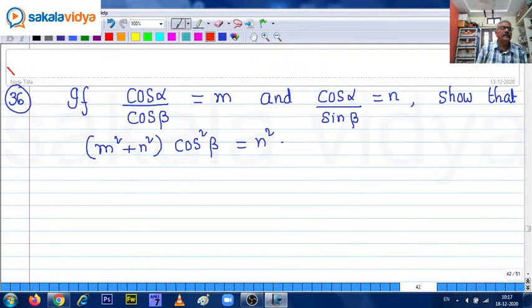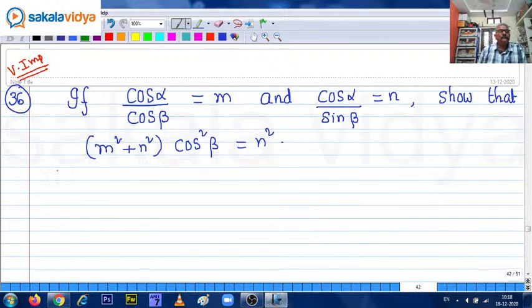This is a very important problem. This was a previous question. It appeared in the 10th class examination. So my plan is to just substitute the m value and n value and simplify. That's all.